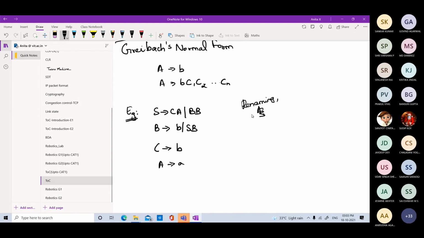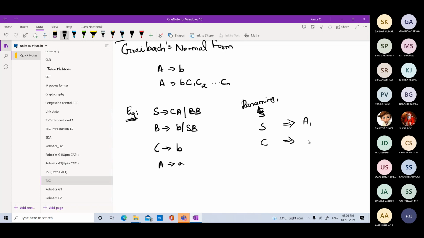Here the first variable I am going to rename as A1. I will rename in this order, because I will be checking a condition, which we can deal with later.